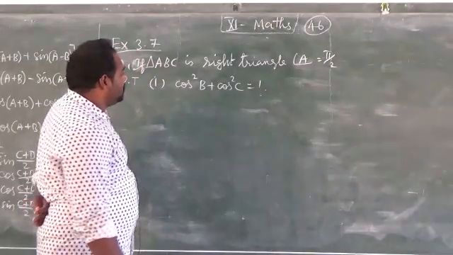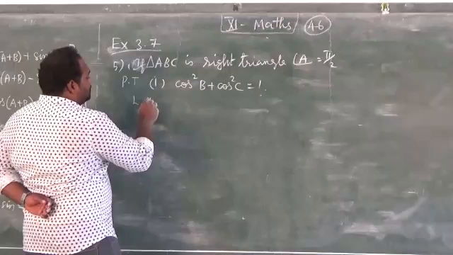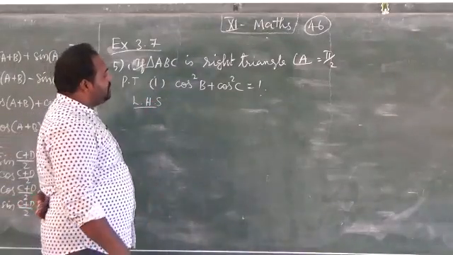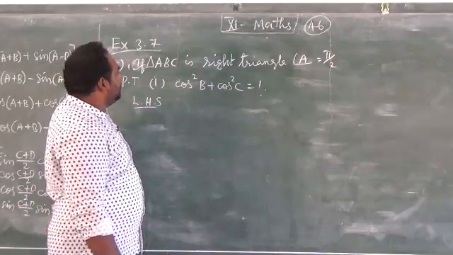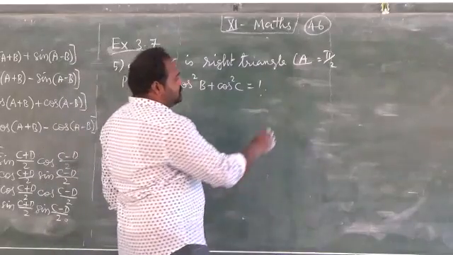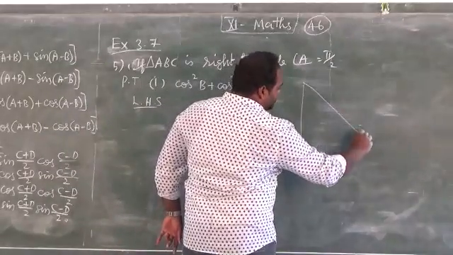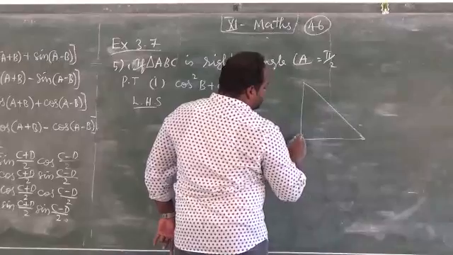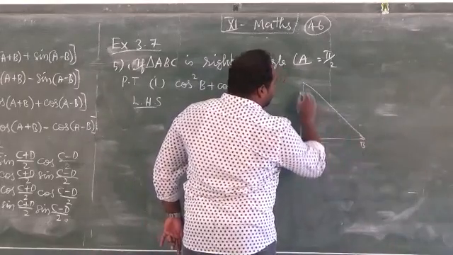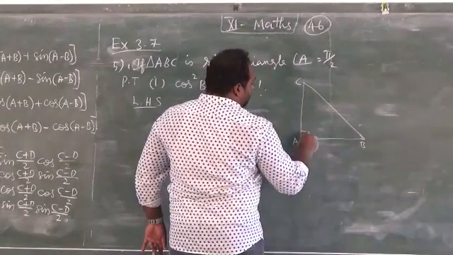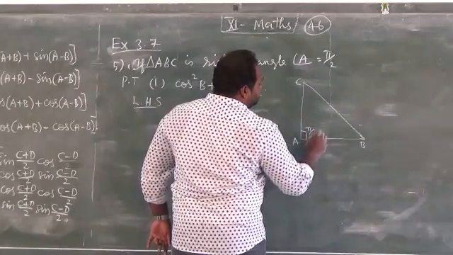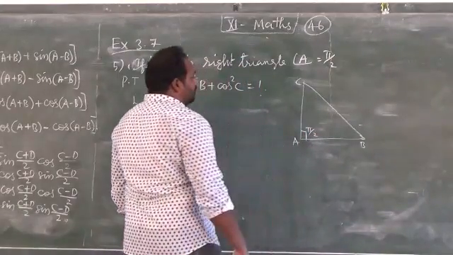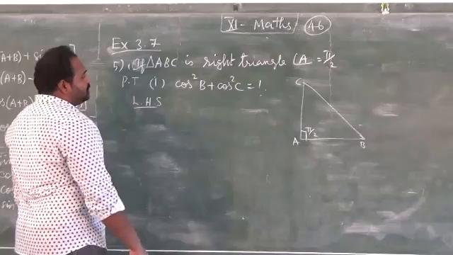First one, I am going to take LHS side. Cos square B plus cos square C. Before that, using this condition, I am going to take a right angle triangle diagram. This is A, B and C. Here angle A is 90 degree. Using this diagram, I am going to solve this problem.